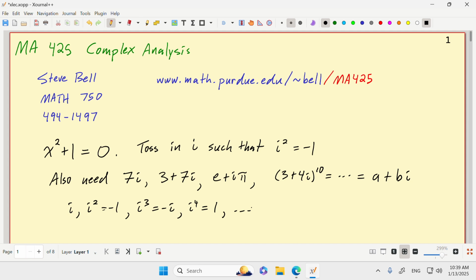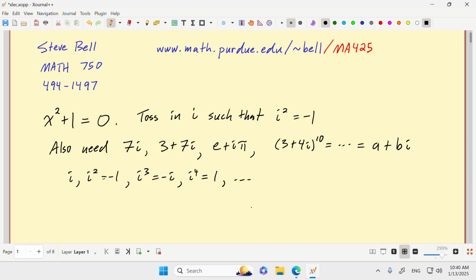Okay. Well, that just feels like a game. And it is kind of a game in the beginning, but it's a game that has a very exciting payoff, and quite rapidly. There's a famous theorem of Frobenius, the theorem of Frobenius.